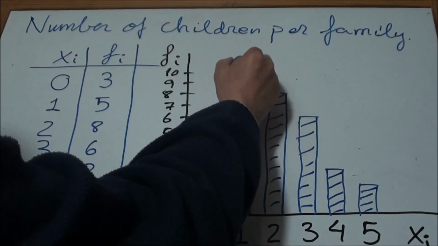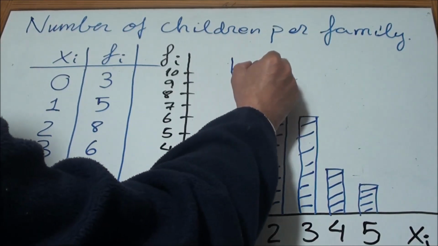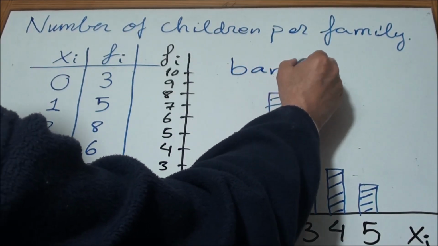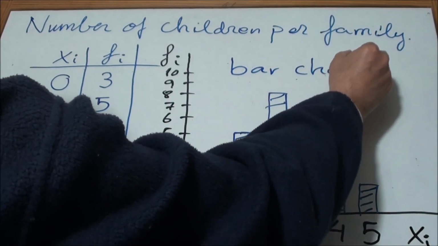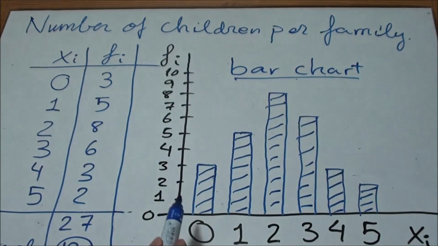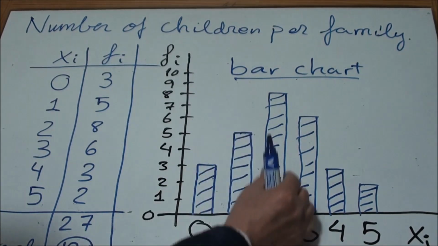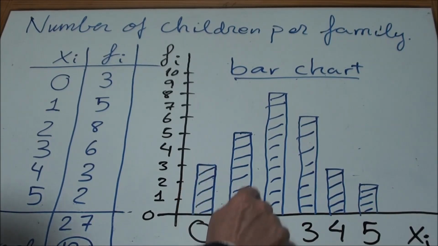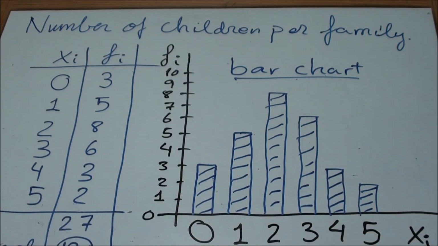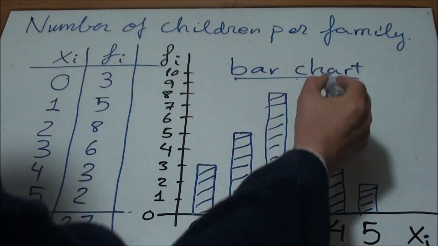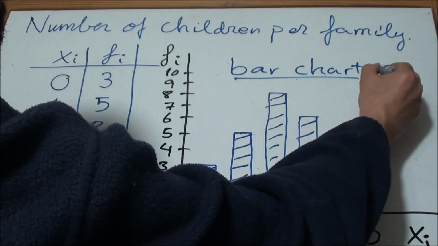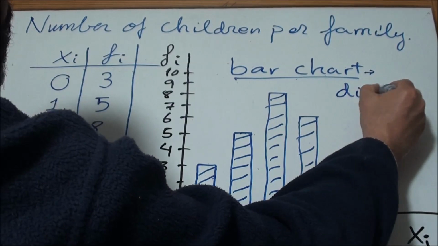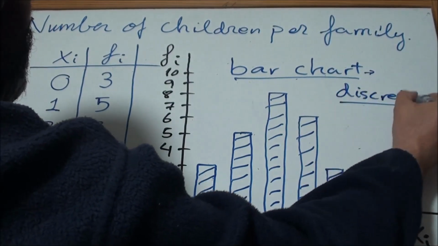Don't mix it up with a histogram that we will see later, because in a bar chart the bars are separate from each other. There's a gap between bars because it is a quantitative discrete variable. So bar charts are appropriate for discrete variables.